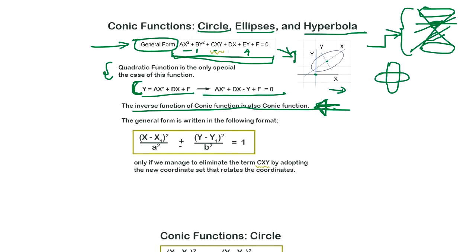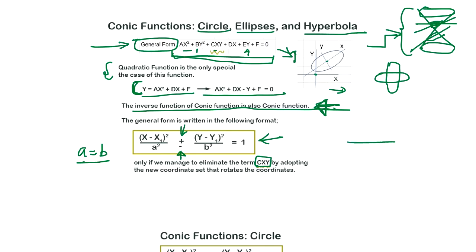Once you eliminate the cxy term, then it can be changed to this. This means that if negative, it's a hyperbola; if positive, an ellipse; if a equals b, then it's a circle, right? So the question is, when does cxy become 0?